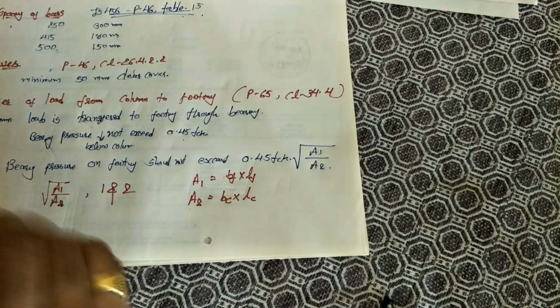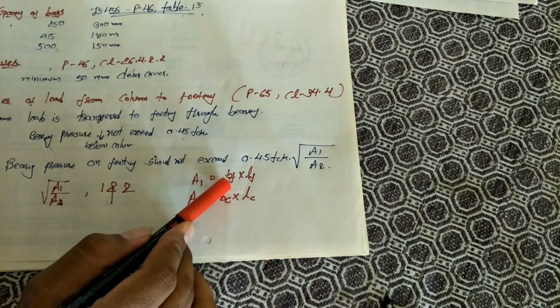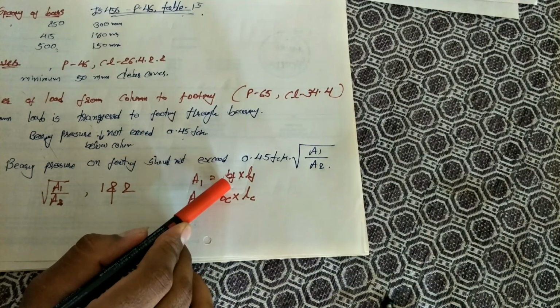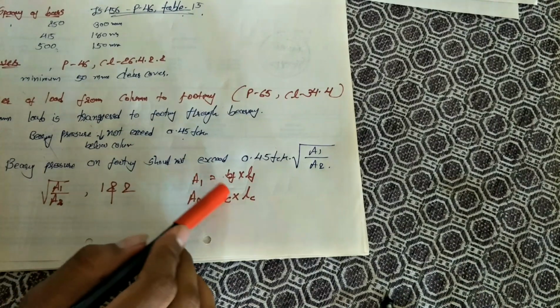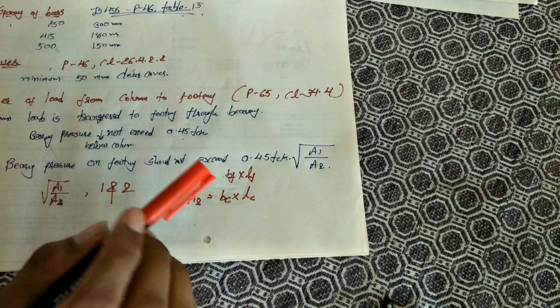A1 is taken as the smaller of two values. BC and LC are the dimensions of the column, BF and LF are the dimensions of the footing, and D is the depth of the footing.